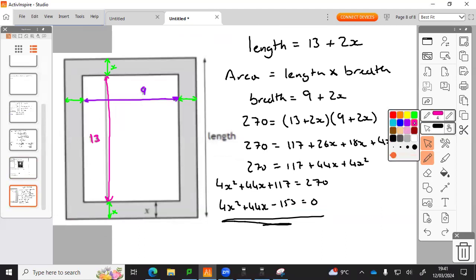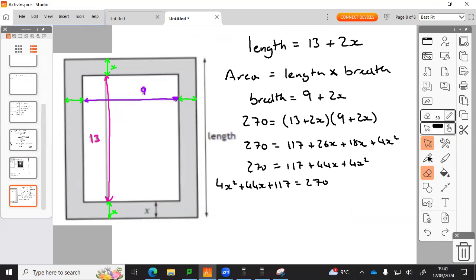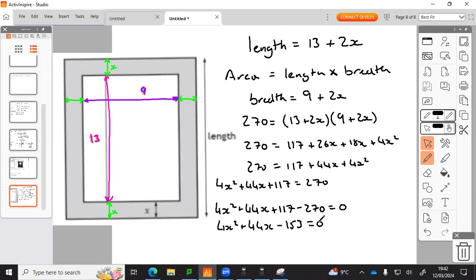I'm confused with one of the steps. Just brought it to the other side. The 270 just goes from the right to the left, becomes a negative.